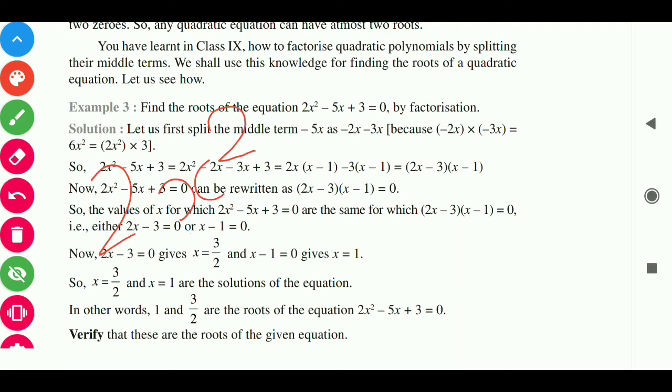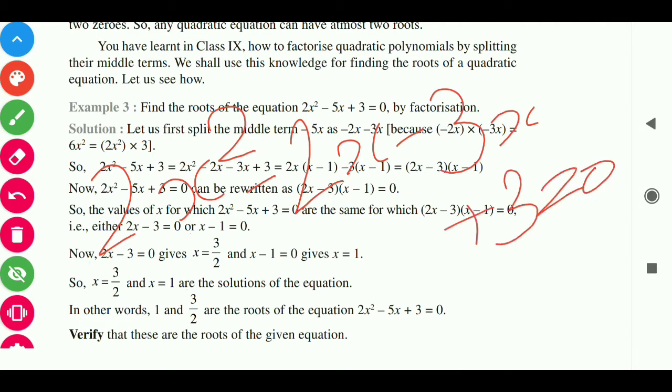Adding 2 and 3, we get 5. But to add 2 and 3, the signs of 2 and 3 can be plus or minus. Since in the middle term we have a negative sign, we need to take minus 2x minus 3x plus 3 equals 0.